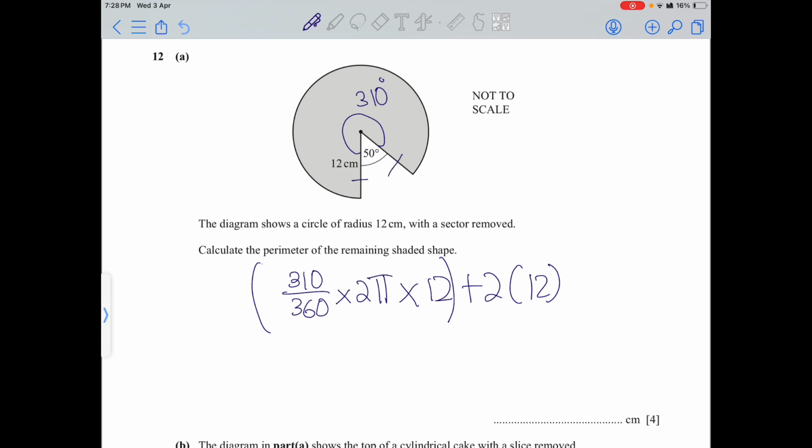So just put this in a calculator: 310 over 360 into 2 pi into 12 plus 2 times 12, which is going to be 88.9 centimeters. I hope this was clear.